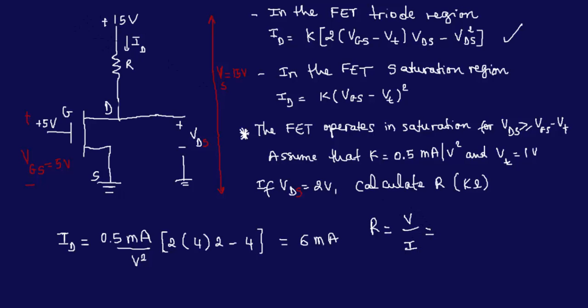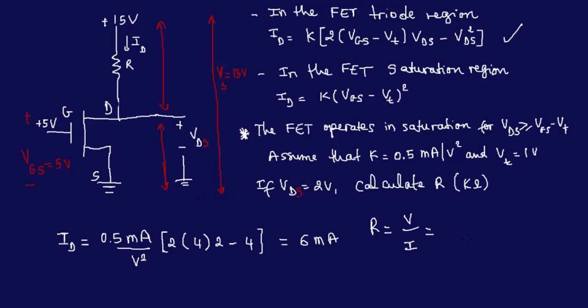The voltage across the resistor, which would be what? If you look closely, this is the voltage that I need across the resistor. Then obviously, if I know this voltage, which was already given as 2 volt, which is the VDS, so if I have this minus this, that will give me the voltage across the resistor. So that's why it's always a good idea to put it that way.